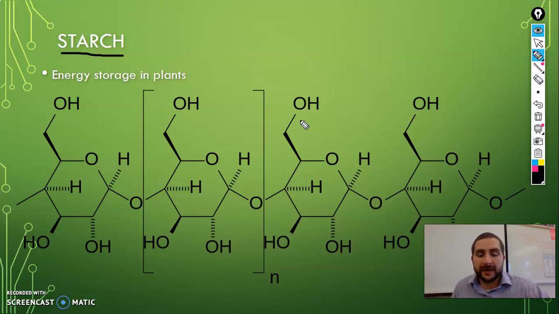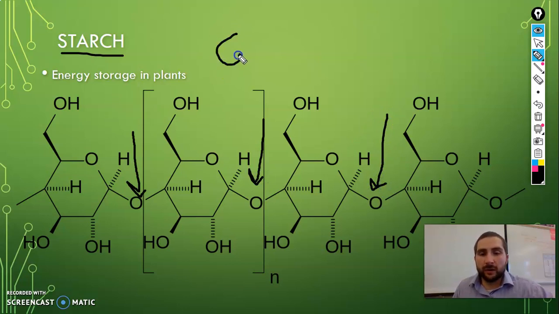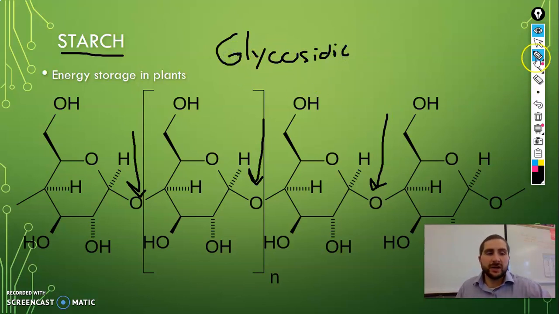Now, the way these glucose molecules are held together is through something called a glycosidic bond, or a glycosidic linkage. That is the type of bond that holds carbohydrates together, and it's characterized by this oxygen in the middle here.